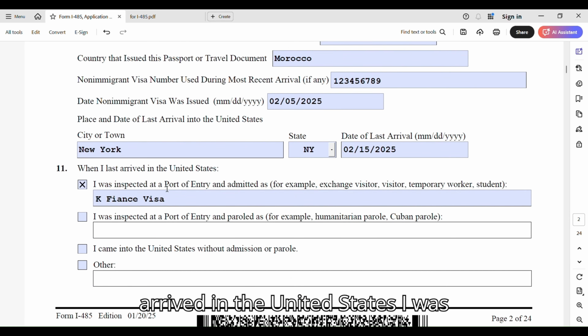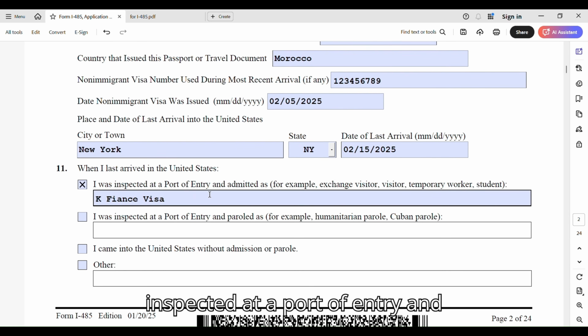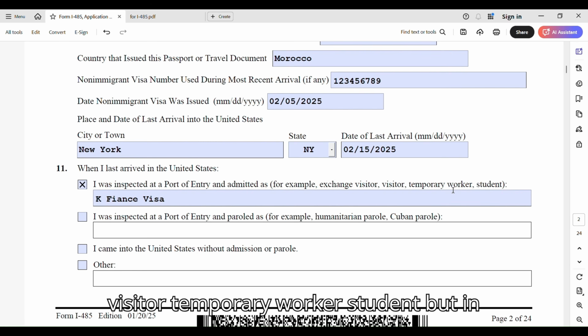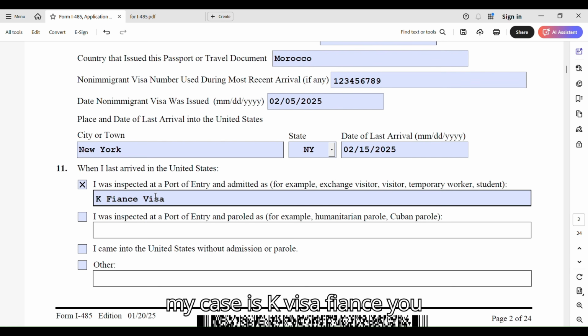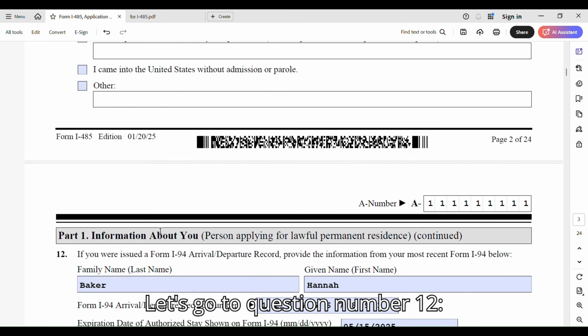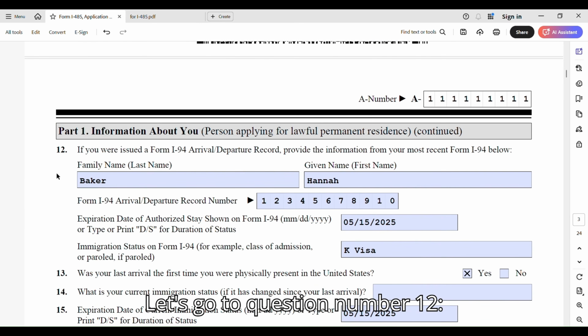When I last arrived in the United States, I was inspected at a port of entry and admitted as, and they give you examples right here: exchange visitor, visitor, temporary worker, student. But in my case, it's K visa fiancé. It does not let me add one right here with Adobe, but when I print it, I must add one right here, K1. So now let's go to question number 12.